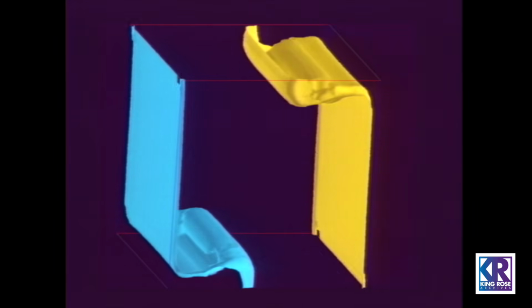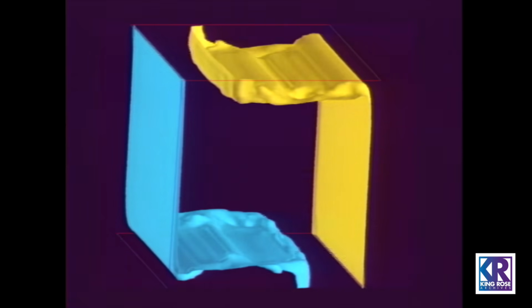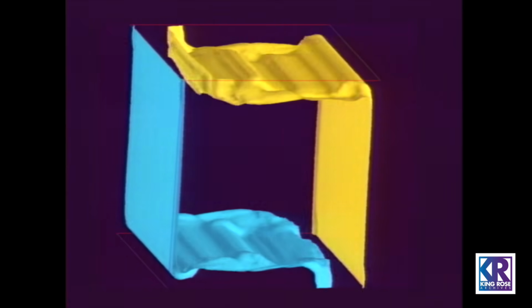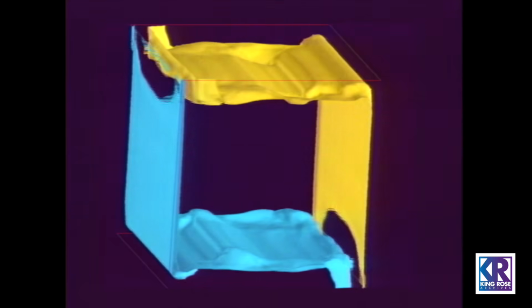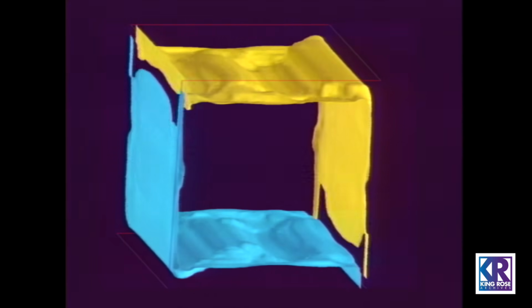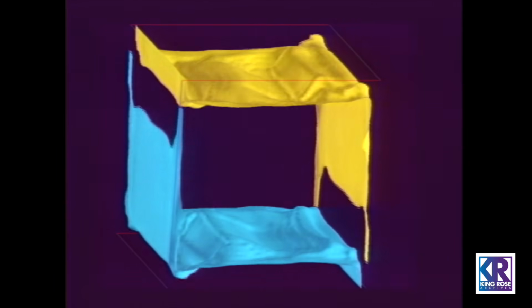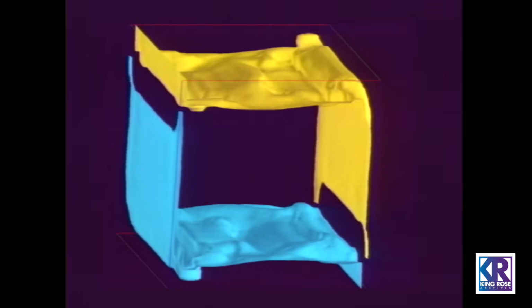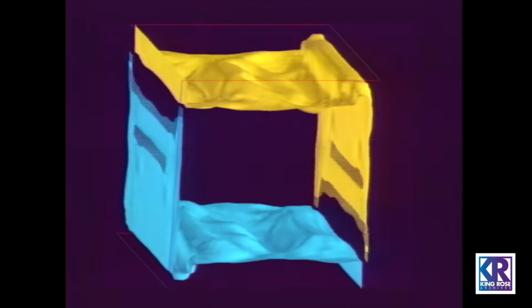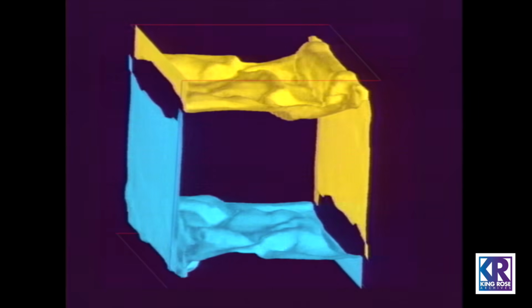Another application of massively parallel computing at Sandia is computational fluid dynamics. Numerical simulation of fluid flow demands the world's largest computers as well as state-of-the-art numerical algorithms. In this simulation, a three-dimensional box filled with air is subjected to a cooler temperature on one side and a warmer temperature on the opposite side.